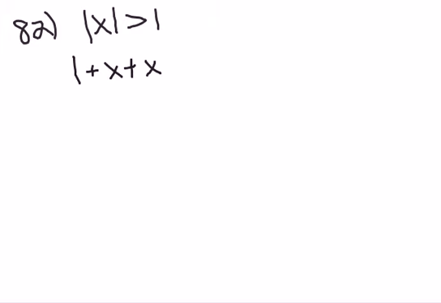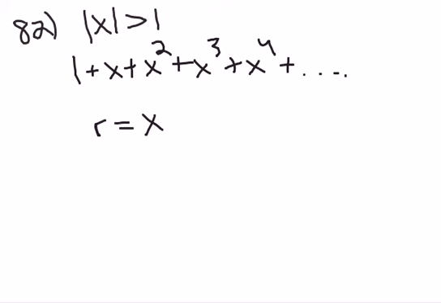Okay, let's look at 82. 82 actually has a typo in the answer key based on the question they've given. So they give you that absolute value of x is greater than 1. And this is actually going to be my r value, because if you look at the series, you're multiplying by x every time, right? So r is x. But if r is x, I can replace this with r, meaning absolute value of r is greater than 1.